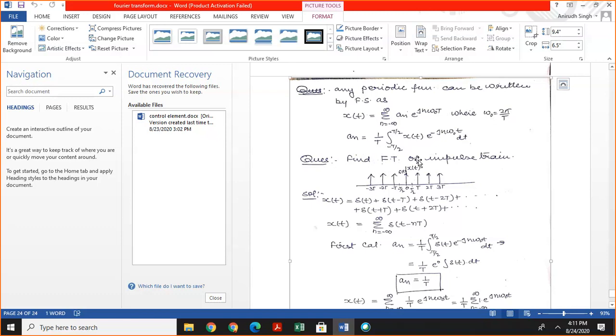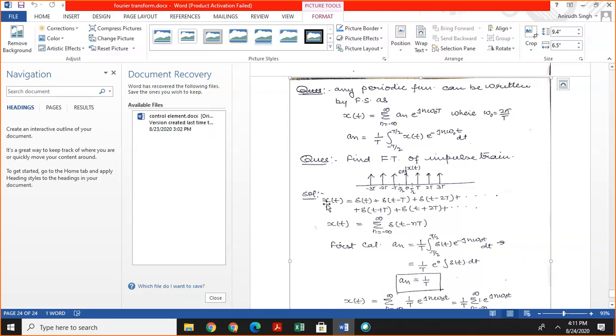The question is, find out the Fourier transform of this impulse train. Previously, you have found the Fourier transform of a single impulse. In this case, we have to find the Fourier transform of an impulse train, and this is a periodic function.